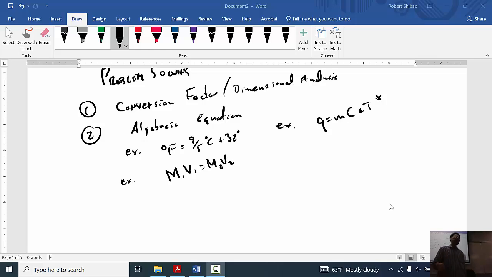This equation is usually used for solution dilution. This is the solution dilution equation.